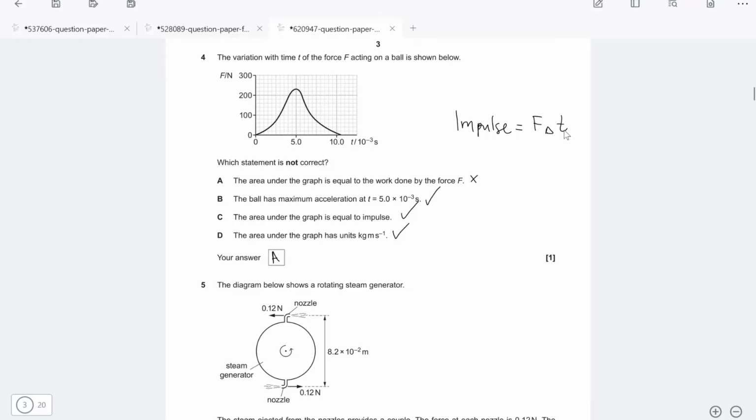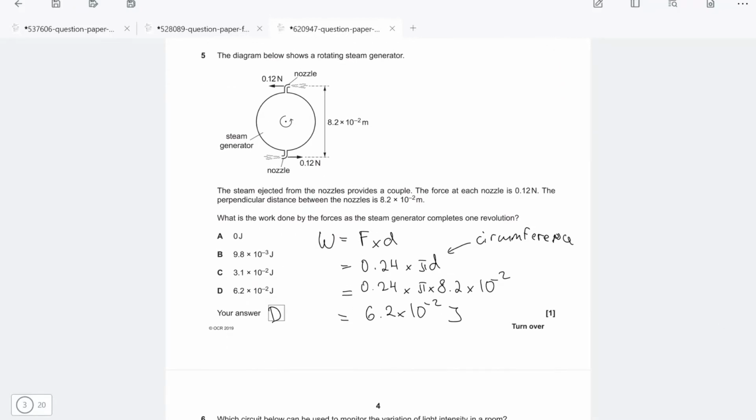Force times time. If we calculate the area underneath this graph, what we're doing essentially is multiplying the force by the time, and therefore the area underneath the graph will be the impulse. It will not be the work done. So A is incorrect.